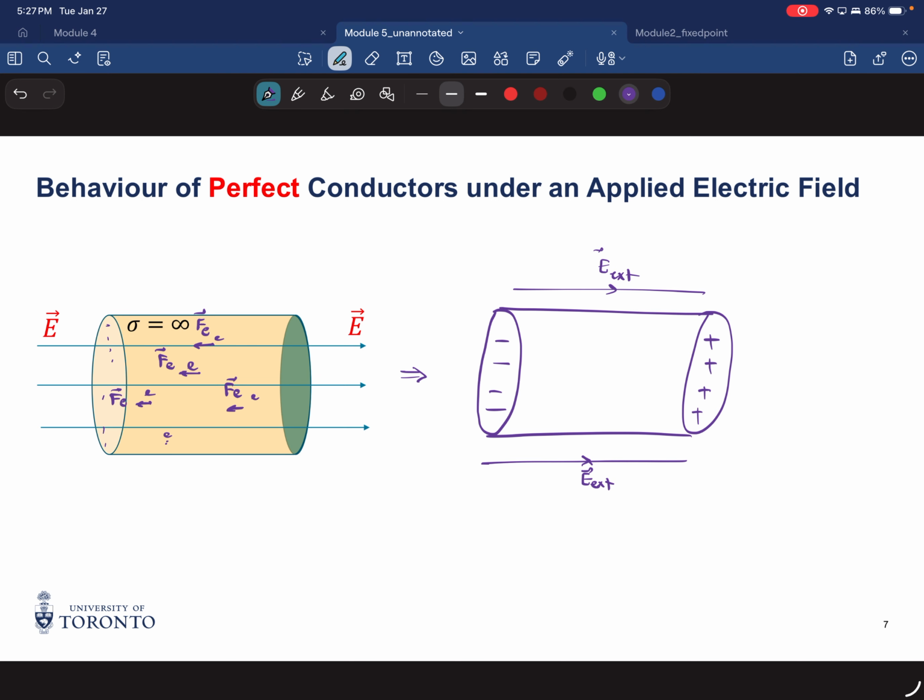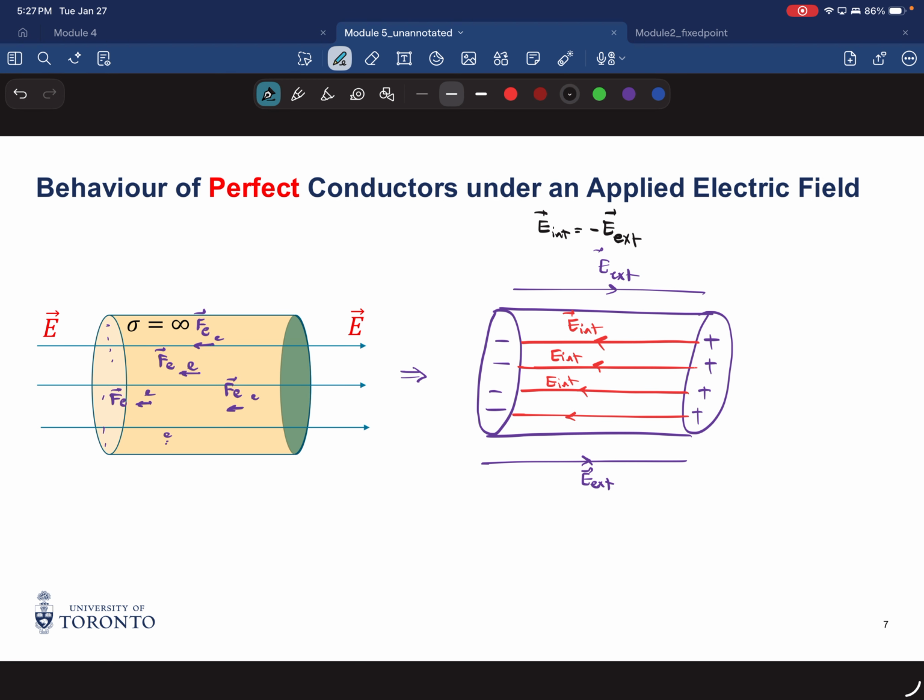So now that we have negative charges here and positive charges here, in between them an electric field, E internal, gets created. And since we have many electrons like this, E internal becomes exactly equal but opposite direction of E external.